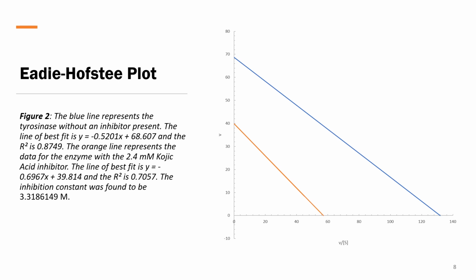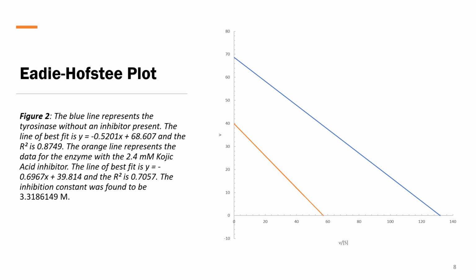So the line of best fit for the blue line is y equals negative 0.5201x plus 68.607. And then the R squared value is going to be 0.8749. And then the orange line, which is the one with the kojic acid inhibitor at the 2.4 millimolar concentration, that line of best fit is y equals negative 0.6967x plus 39.814.